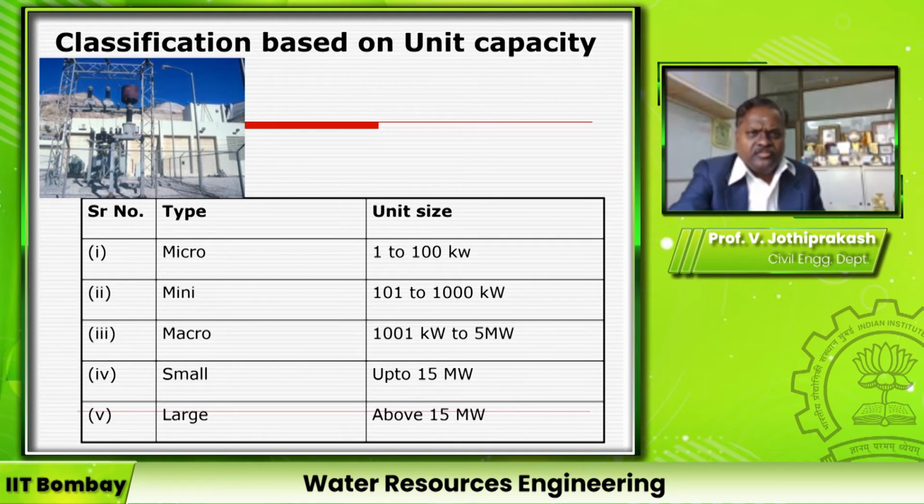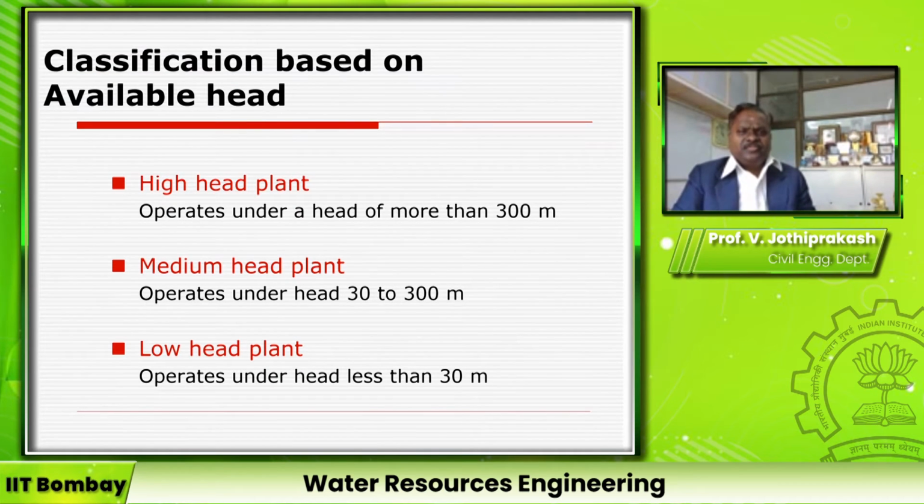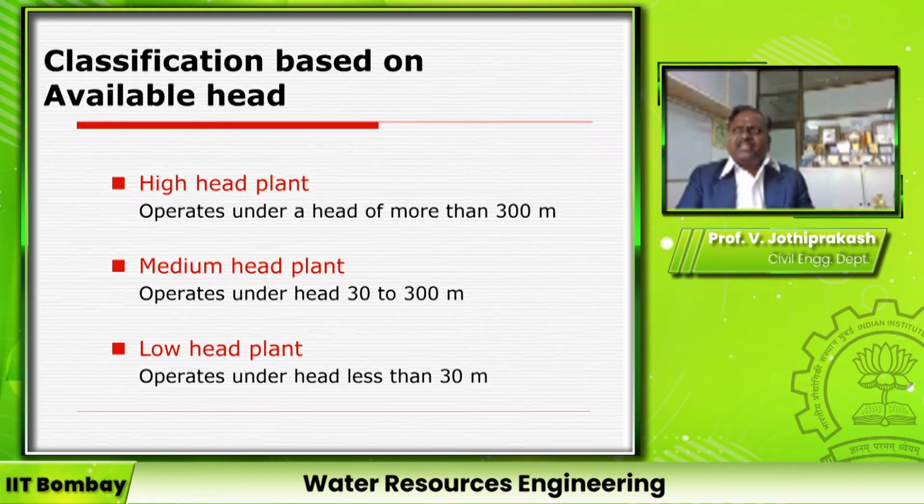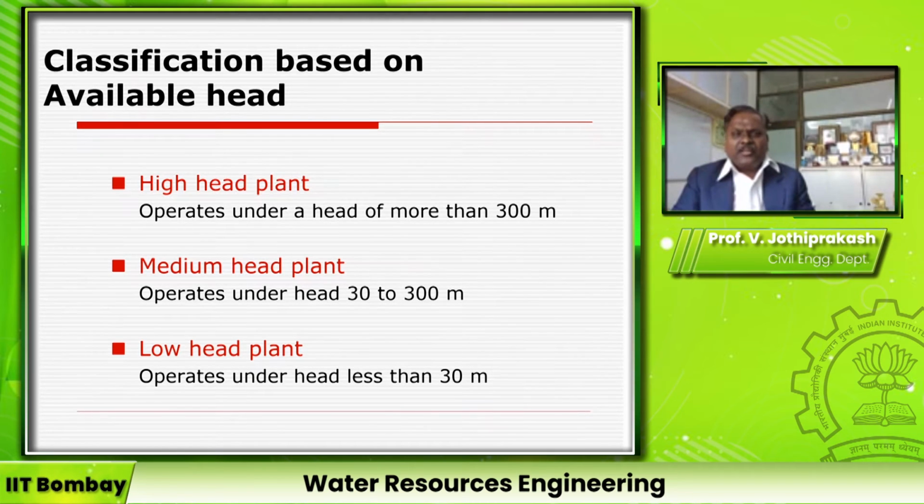station. Then, based on the available head, as I said, this head is the hydraulic head, the level difference between the water level in the dam and the level at which it impinges the turbine blades. So turbines may be at a very low level also, depending upon the location.